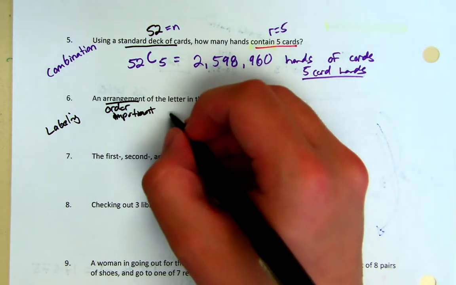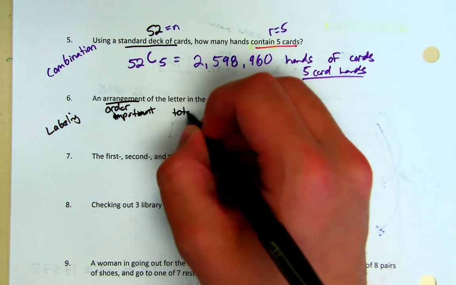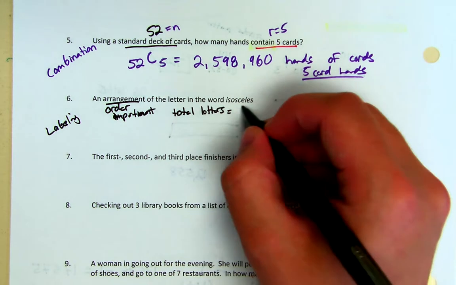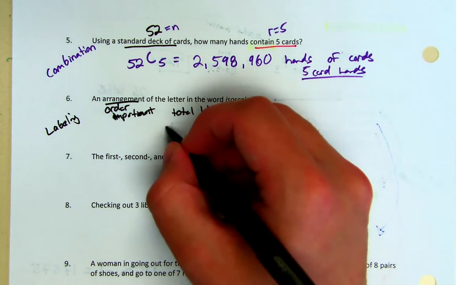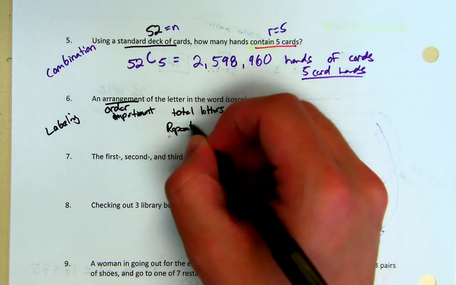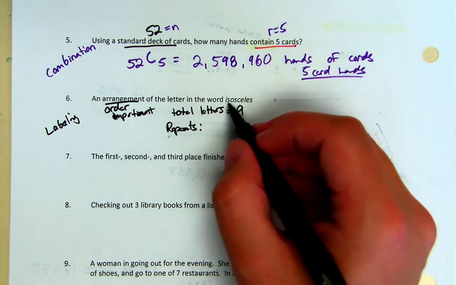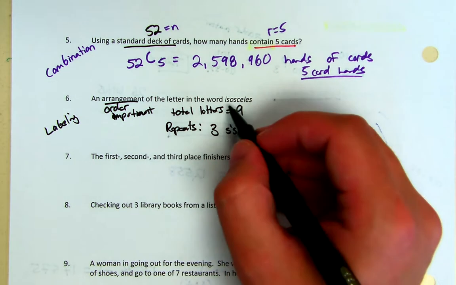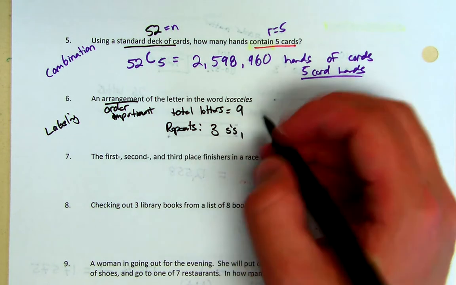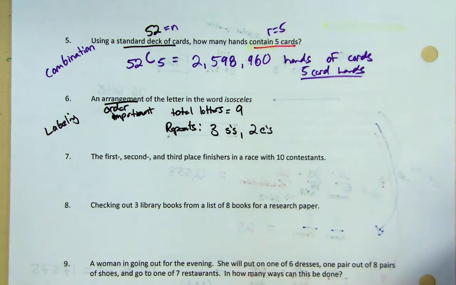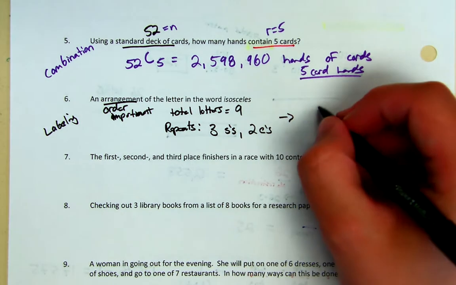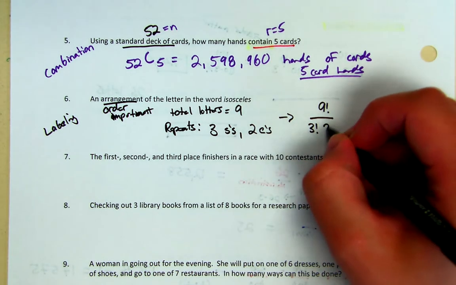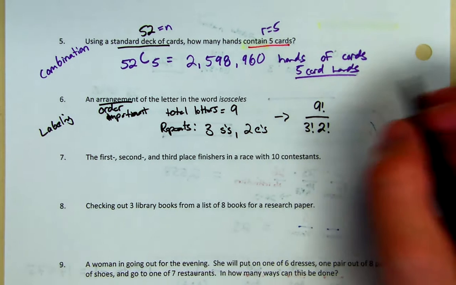So I need the total number of letters, which is 9, and any repeats. So I've got 3 S's, and 2 E's. So putting that in, I need my 9 factorial, divided by the repeats, 3 factorial and 2 factorial.